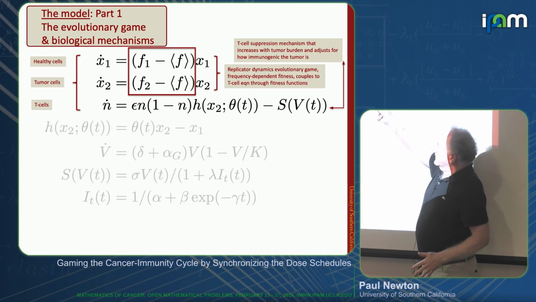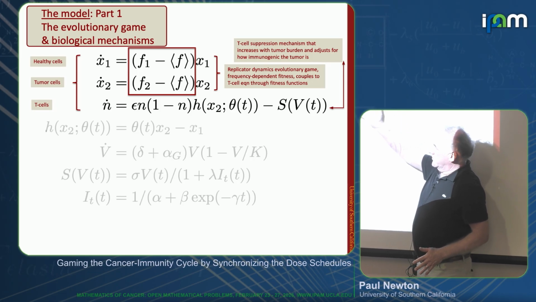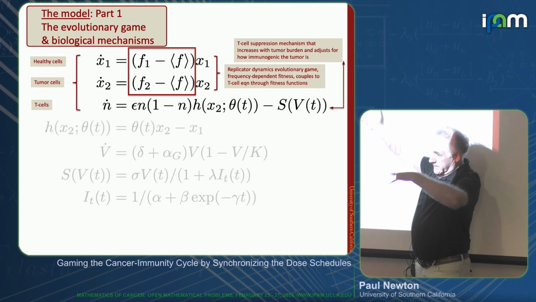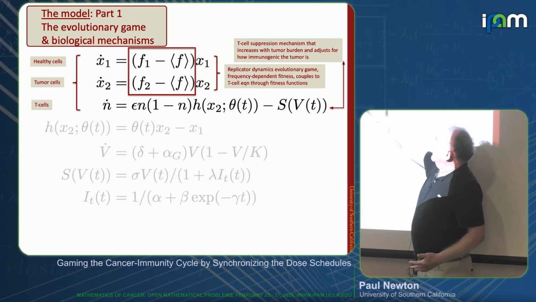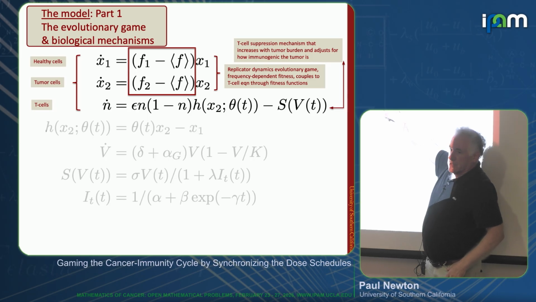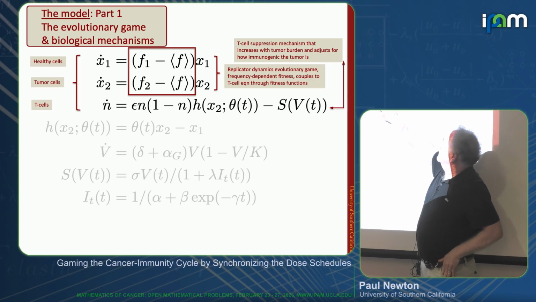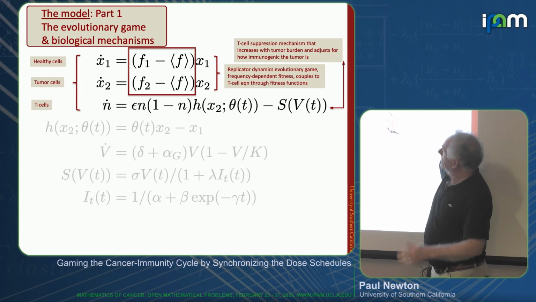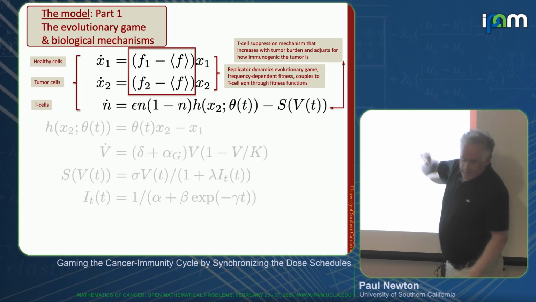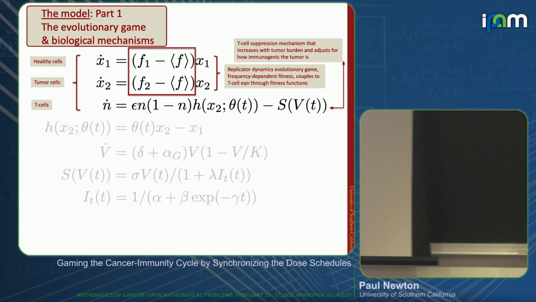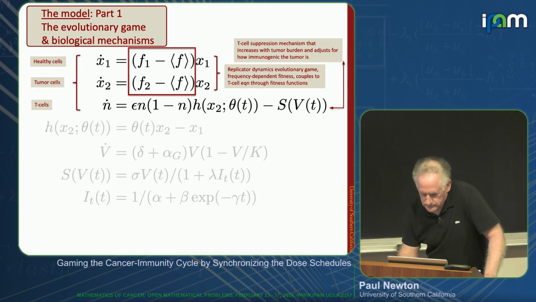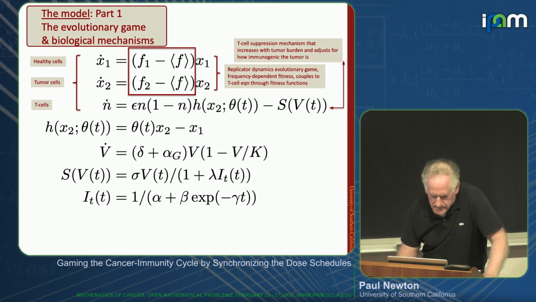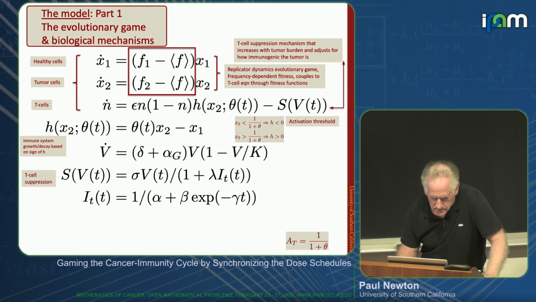So the T cell population can grow and it can decay based on the sign of H. And H is going to be a function of the cancer cell distribution. And theta of T is going to be my immunotherapy control knob. And then there's this term S here, which is a, let me show it all because I don't like this.